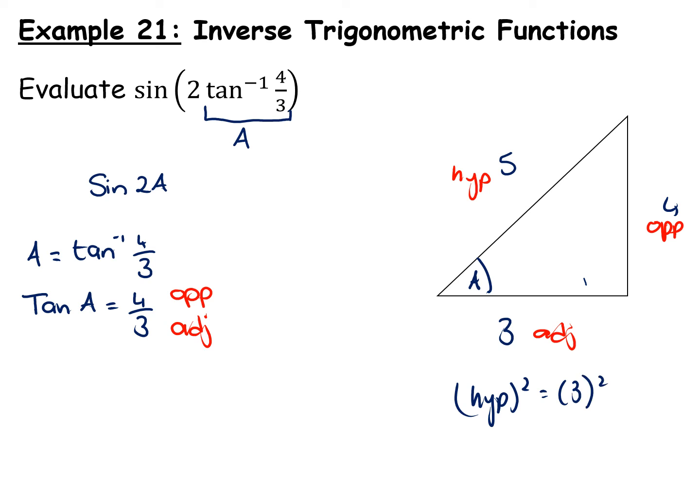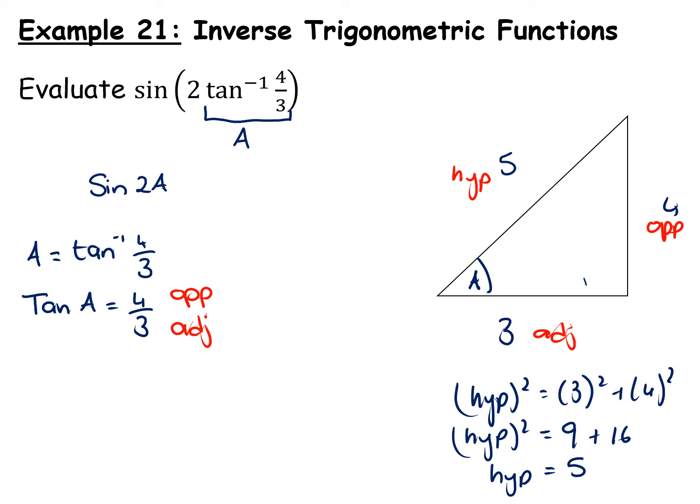This is one of our Pythagorean triples. It's probably the most common one. So when we have a right angle triangle and the two shorter sides are 3 and 4, the longer side will always be 5. Okay, but you can work it through if you've any issues getting that.